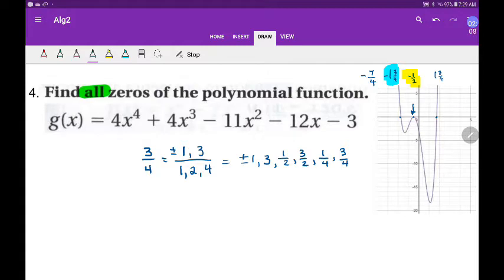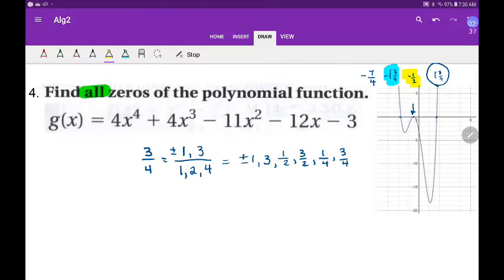Do I see a negative 7/4 down here? Anything close to it? No, I don't. The closest thing would be negative 1, and for positive 7/4, positive 1, I guess. Negative 2 or positive 2 is not on the board. So I'll tell you what, it better be half, or I'm in trouble.